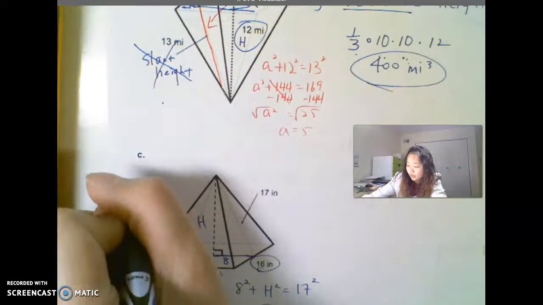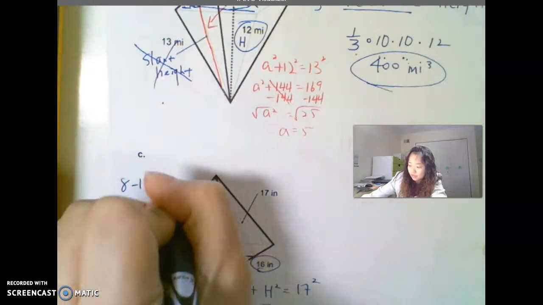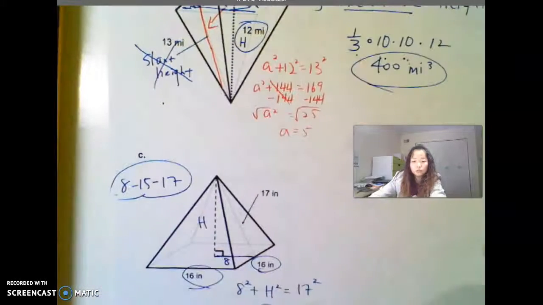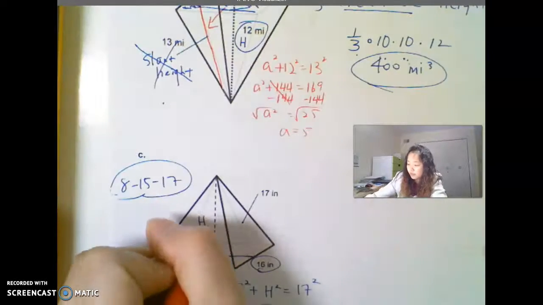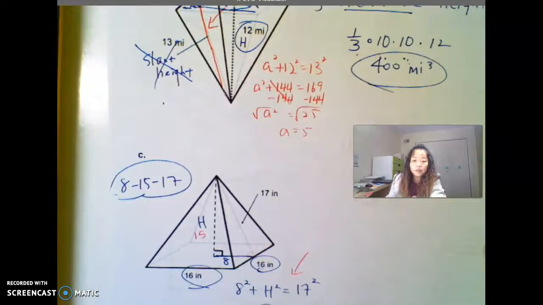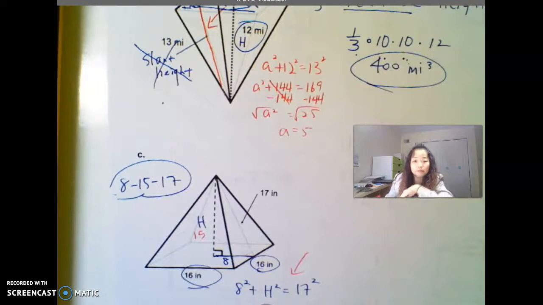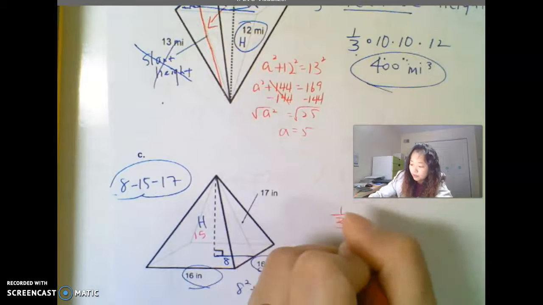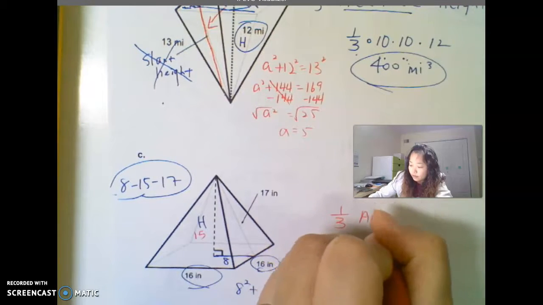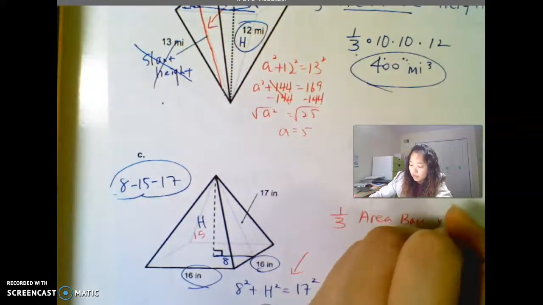Or you should know that 8, 15, and 17 is another special triple. So if you solve it, and I know you can solve that equation right there, you should get 15 for h. So the volume would be 1/3 area of base times the height.